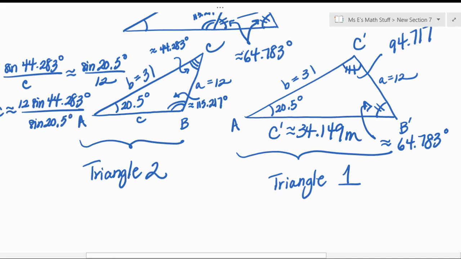And we get 23.924 meters. There we go. And we've solved for both triangles.